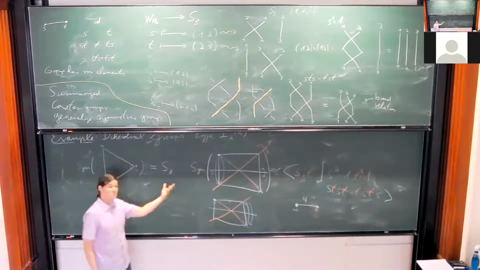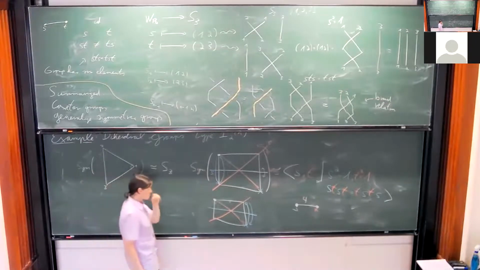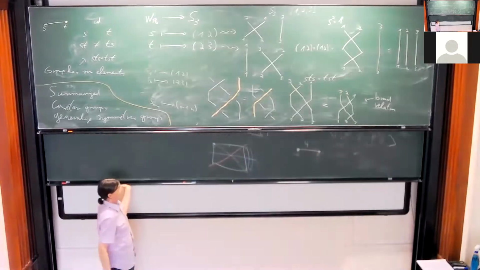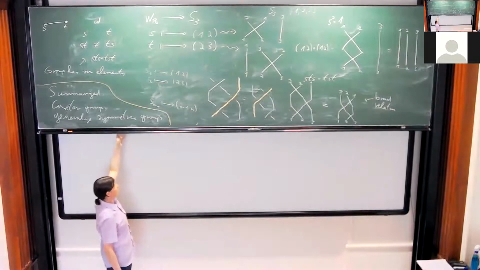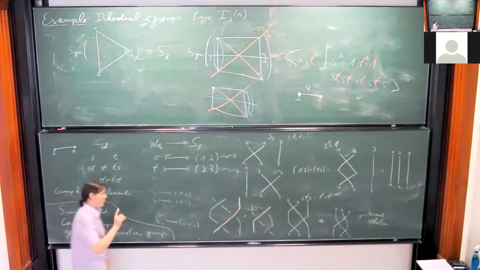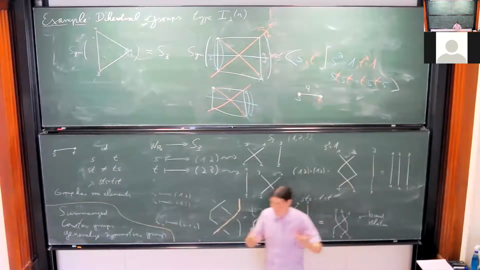So already at this stage you can say Coxeter groups generalize groups attached to regular polytopes. One more example to convince you that this is really true. But of course, you wouldn't need to prove everything.